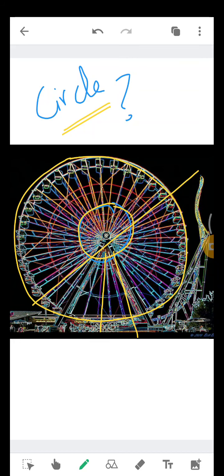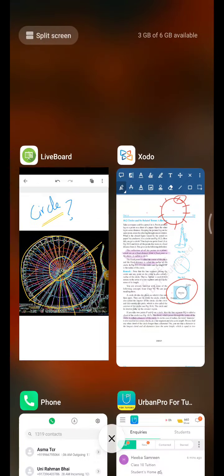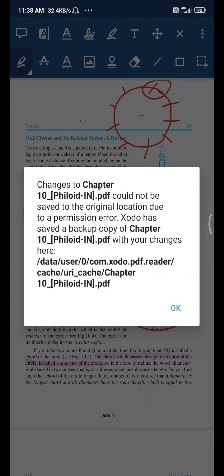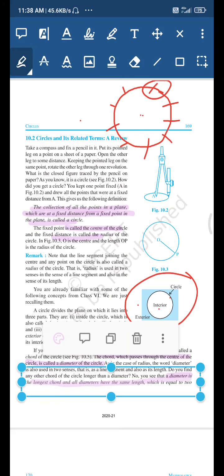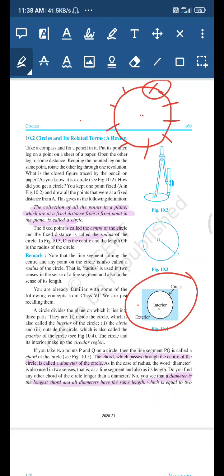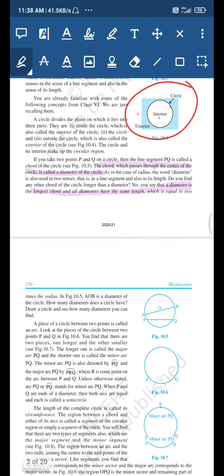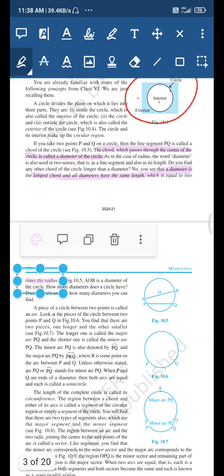If you take the two rods combined together passing through the center, that is called diameter. So you can find the diameter definition also here. The diameter is the longest chord of the circle, you all know that. All the diameters have the same length, which is equal to 2 times the radius.